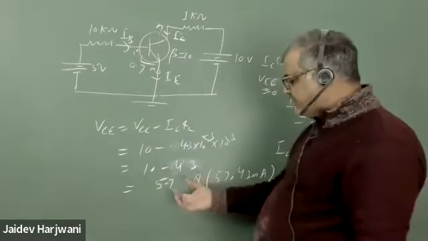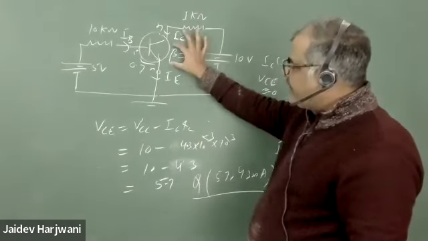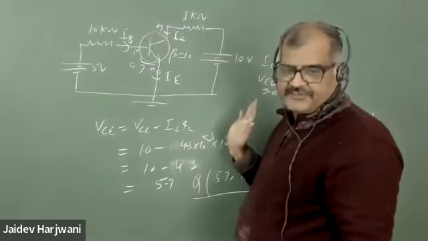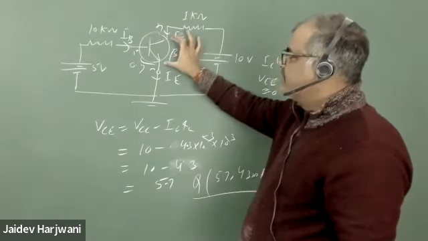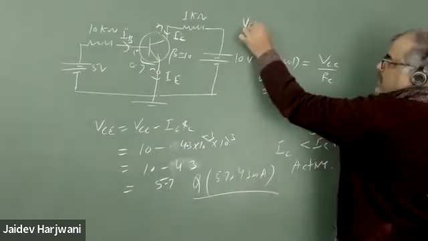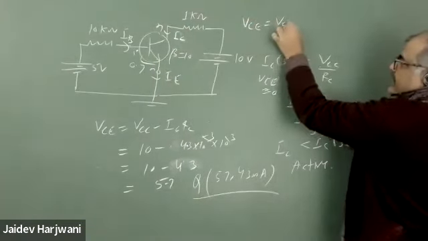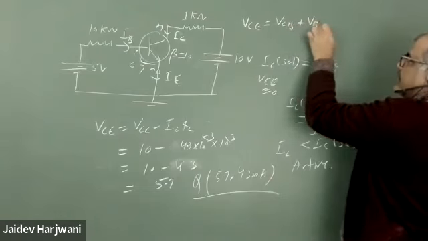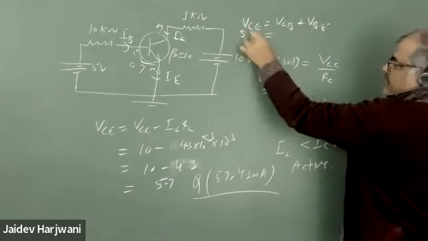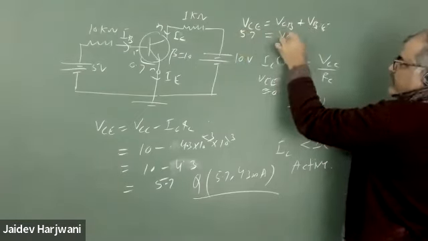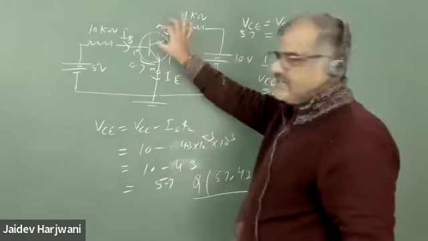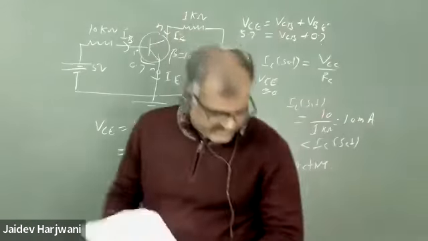Already you can see this is 5.7 and this is 0.7. VCE is equal to VCB plus VBE. Now you know this is 5.7 and this is 0.7, so automatically a plus sign comes, which means it is reverse bias.